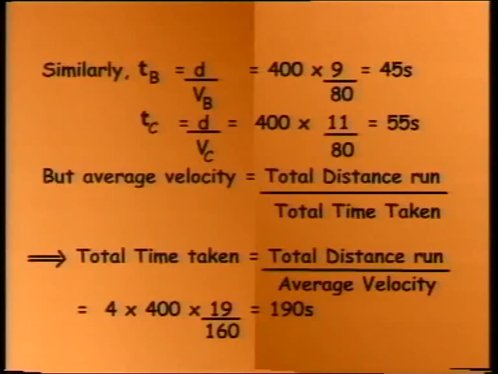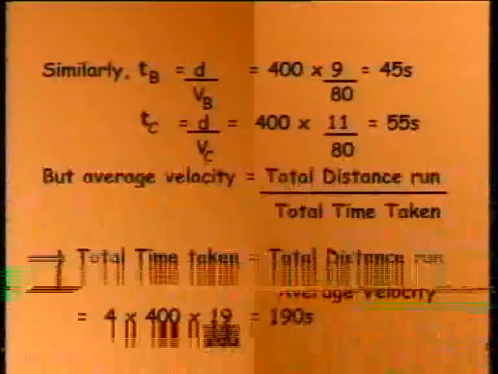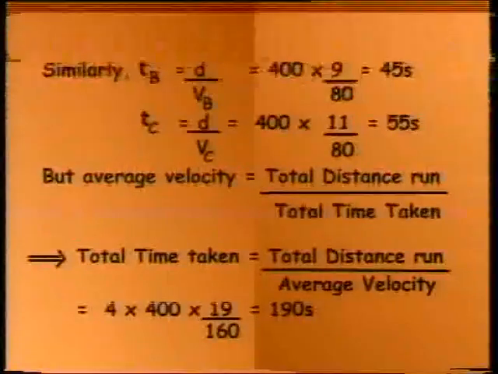Similarly, TB, that's time taken by runner B, is 400 times 9 over 80, that is 400 divided by 80 over 9. And that gives you 45 seconds. And TC, done the same way, would give you 55 seconds. Now we've been given the average velocity, that is the total distance over total time taken.